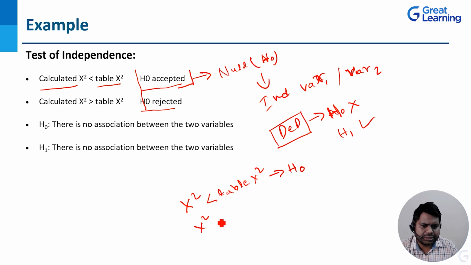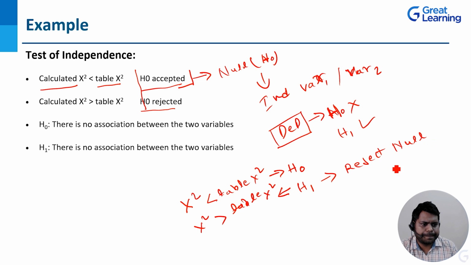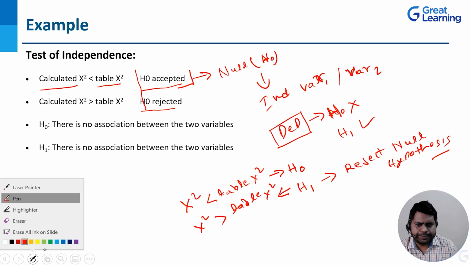If x square is greater than the table x square, in that case we can accept the alternate hypothesis, or reject the null hypothesis. Clear? Now move on to the next step.